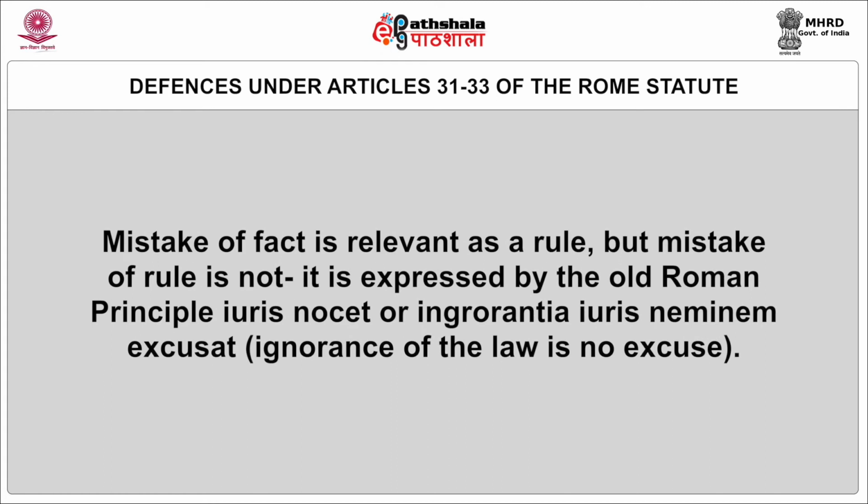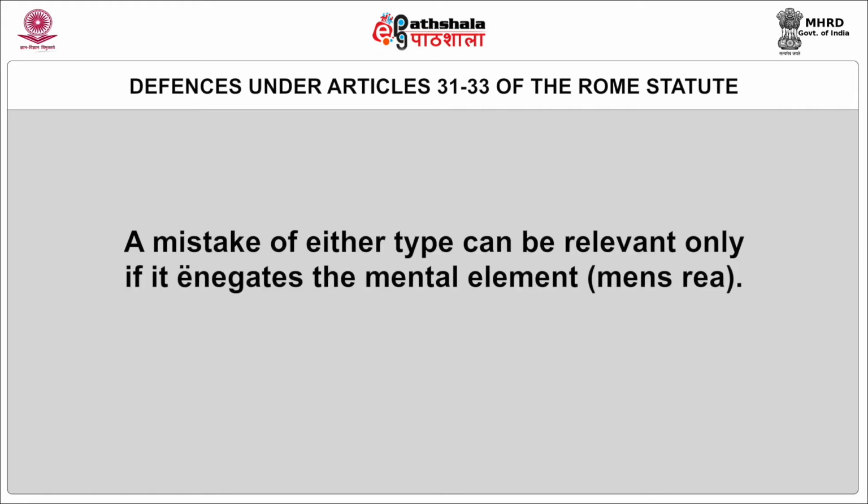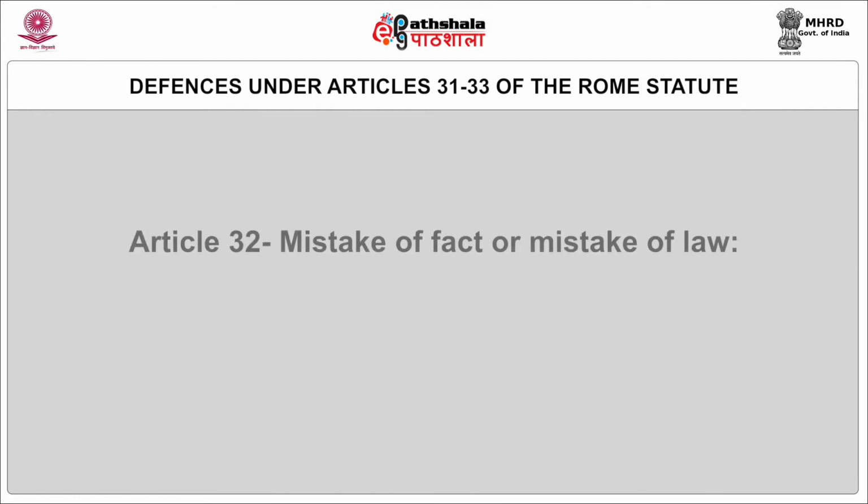Mistake of fact is relevant as a rule, but mistake of law is not. It is expressed by the old Roman principle ignorantia juris neminem excusat, which means ignorance of the law is no excuse. A mistake of either type can be relevant only if it negates the mental element, that is the mens rea.